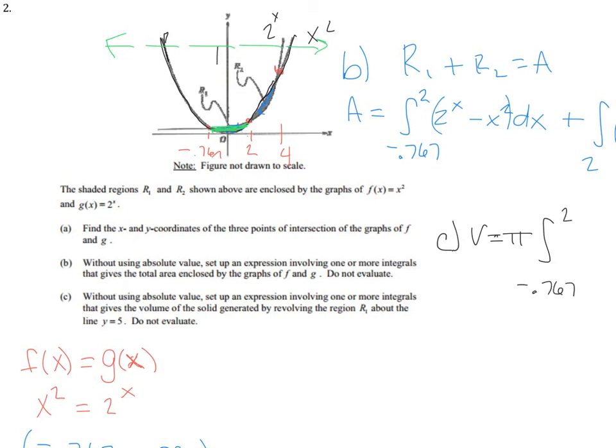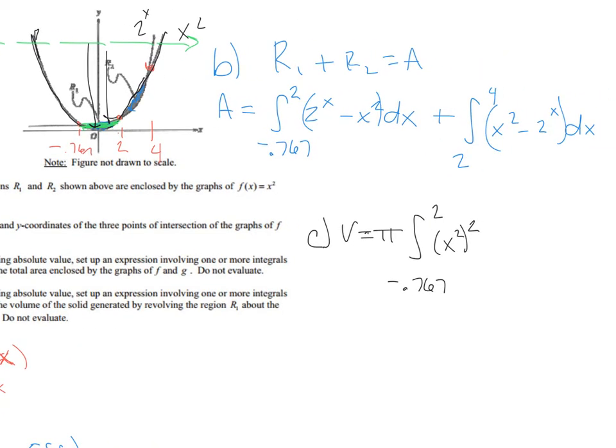And I need my capital R, which is the farther away curve, x squared. So x squared squared, and my closer curve, 2 to the x squared, minus 2 to the x squared dx. Now, I already noticed what I did wrong here, because I'm going from y equals 5, and I didn't even take that into play.